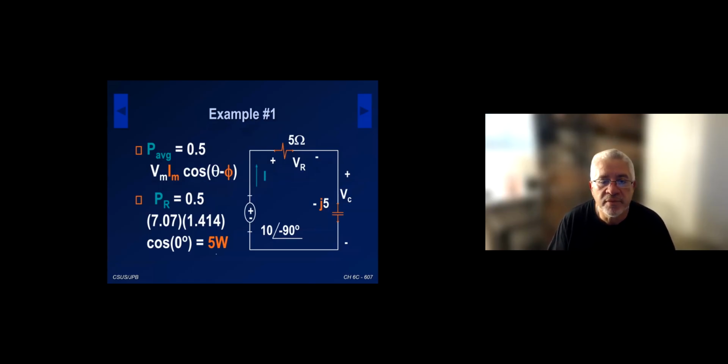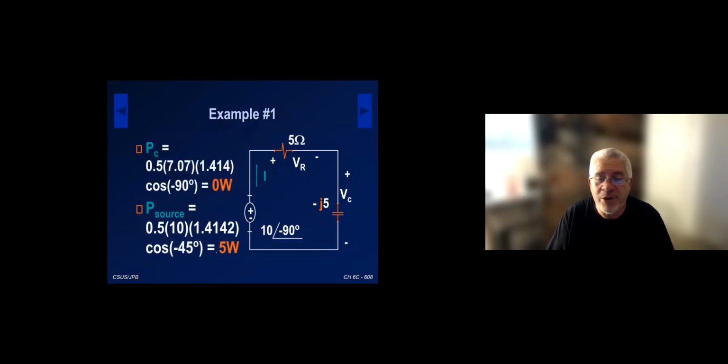Because I know the current, I calculated the voltage, so I can apply the formula. For the capacitor, I know the answer should be 0, but you can show that. If you know the voltage, you know the current. If I blindly apply the average power formula, I'm going to find that the average power for the capacitor is 0.